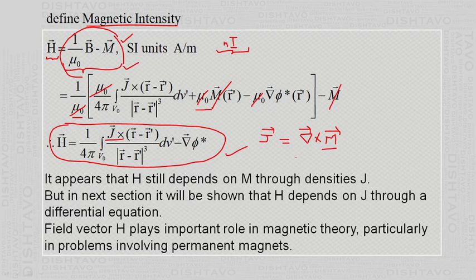But later on we'll show that H will not depend upon magnetization. It will depend only on the external thing. This field vector H plays an important role in magnetic theory, particularly in problems involving the permanent magnet. H is very important for the permanent magnet.